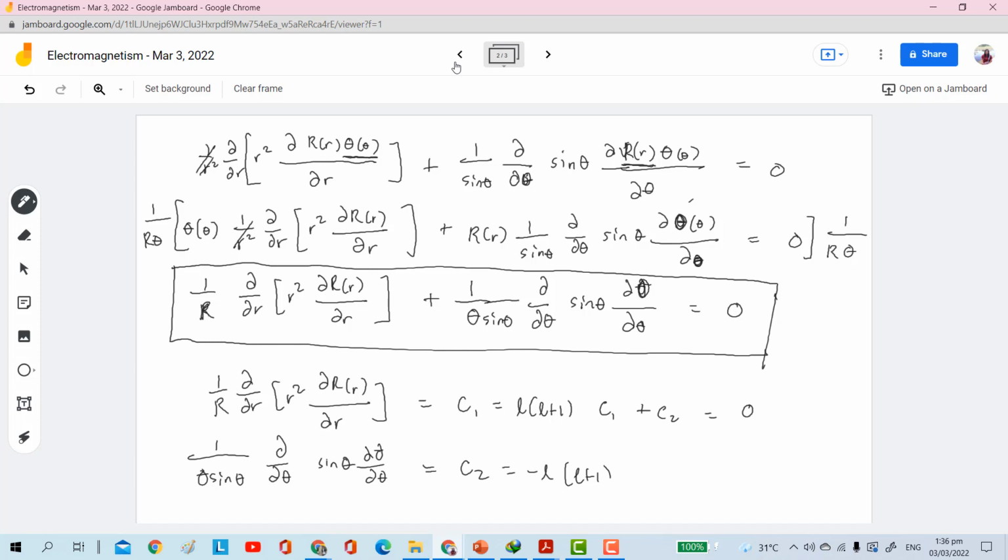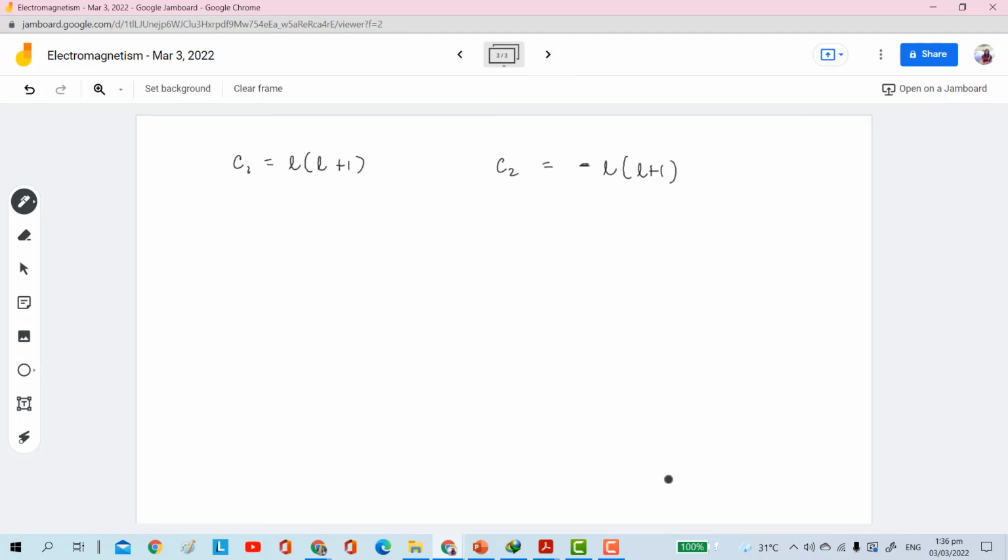So this is how we simplify it, class. You have partial derivative of r squared multiplied by dr over r.